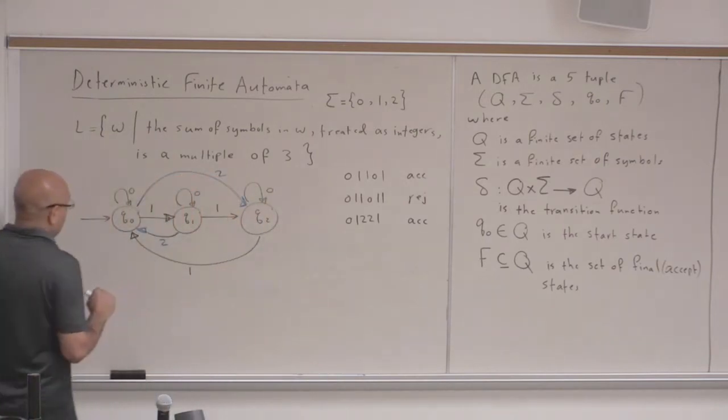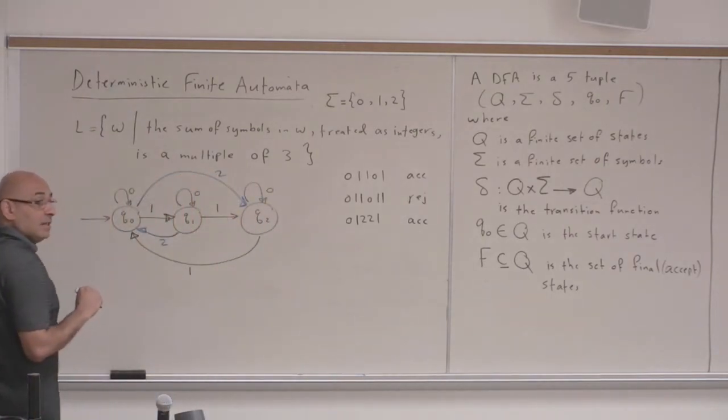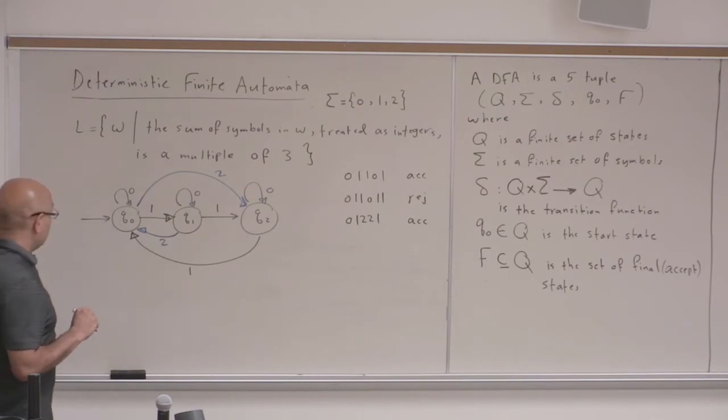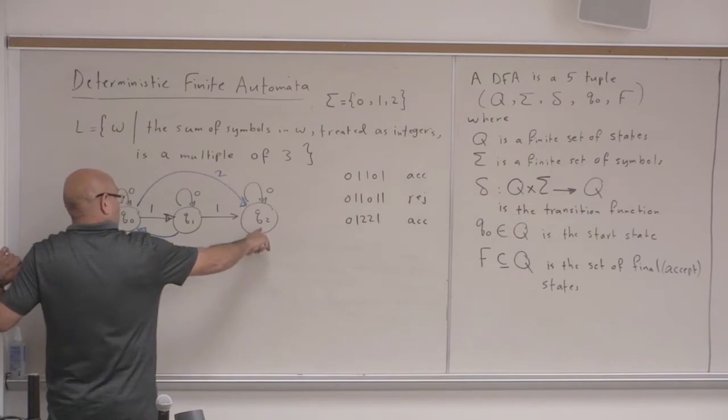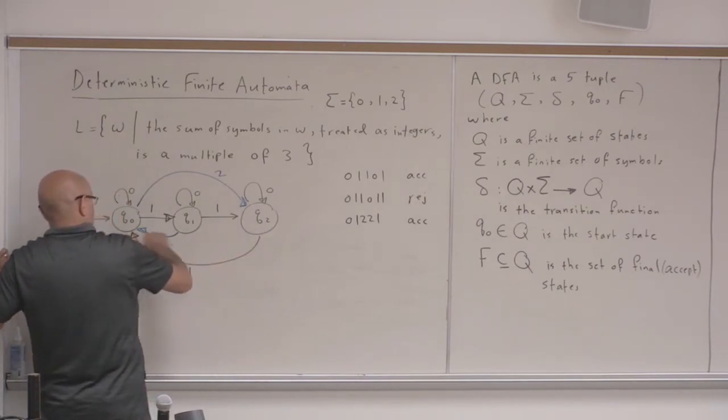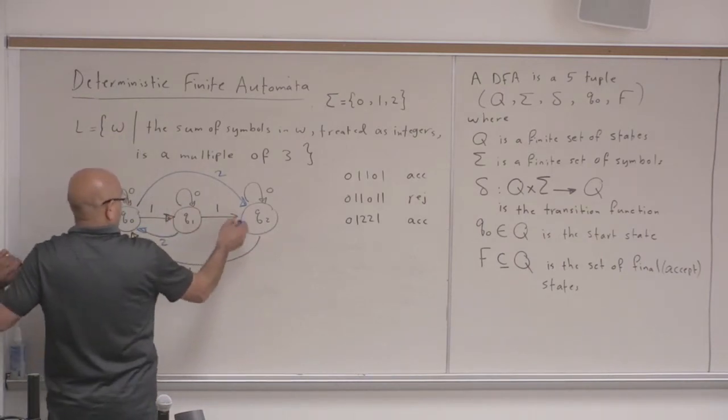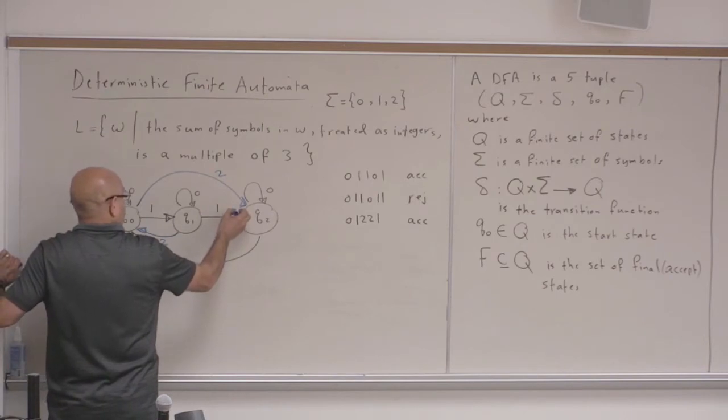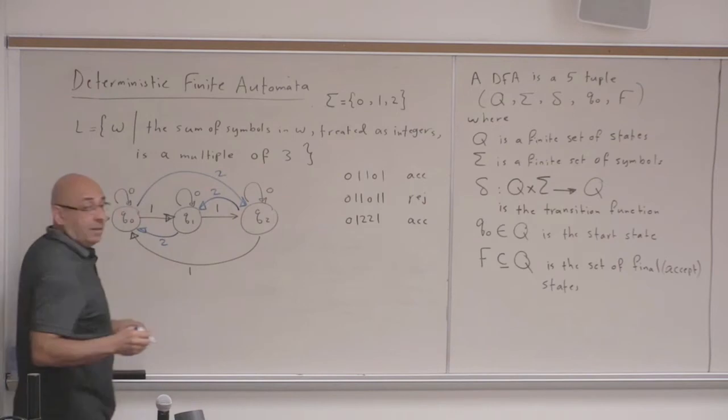Now what's the transition that remains? Q2 to Q1 when there's a 2. When you have Q2, it's going to go 2 steps to Q0 and then Q1. So it's again like going 1 step backward, in the reverse direction.